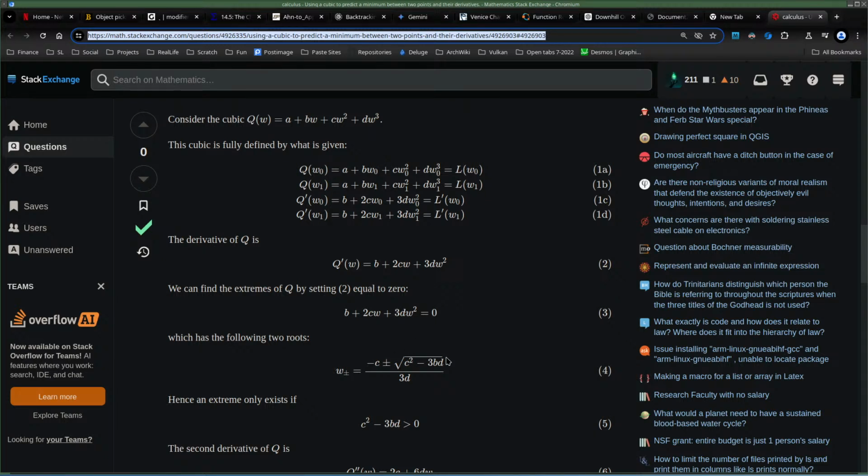I'm adding and subtracting the root, but I have to divide by 3D.